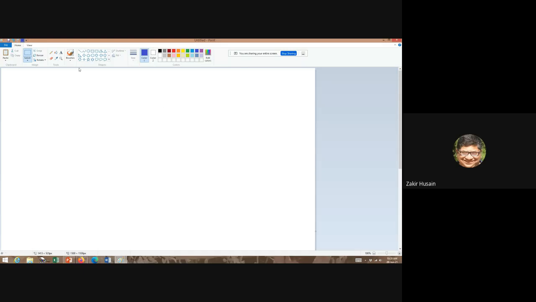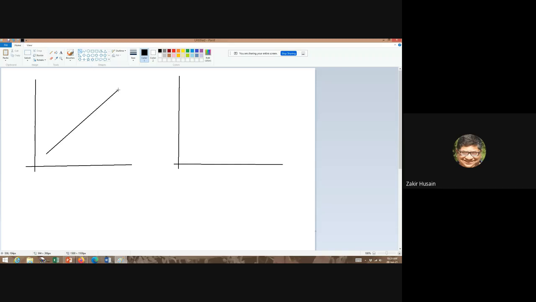So now we come back to the diagrammatic expositions. Not very good, but I'll keep this. Sorry, this was the bone of contention. Let me pull this over here.